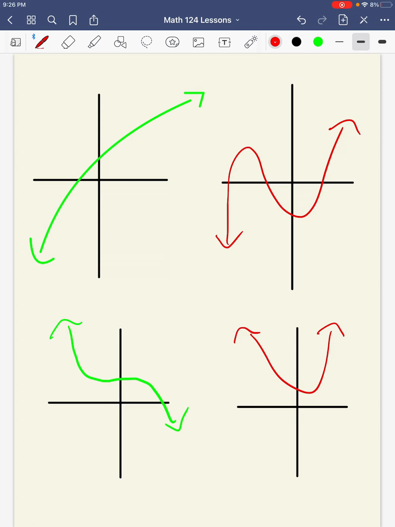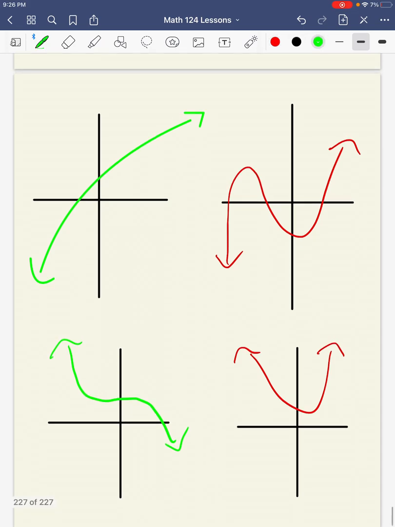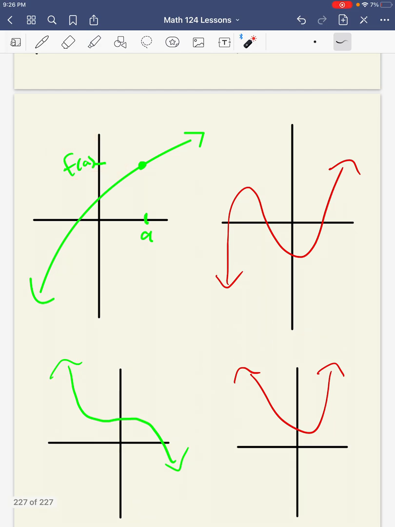Okay, now let's look at this green function. Say we look at this output. Say this is a, then this will be f of a. So if we have two outputs that equal each other on this green graph, if f of a equals f of b, we're left with no other choice but a equaling b, right?